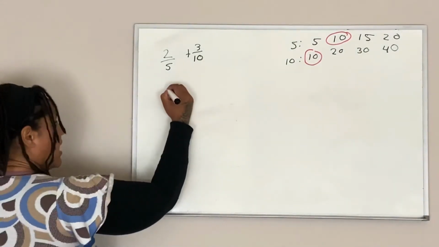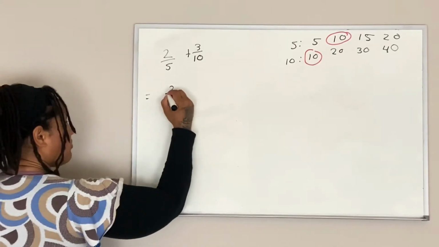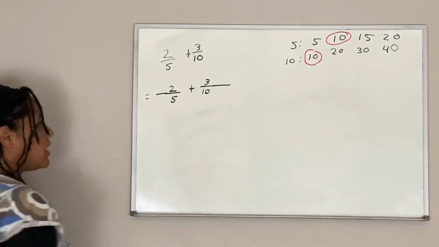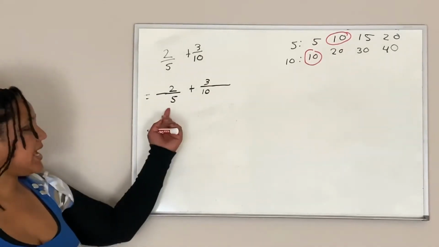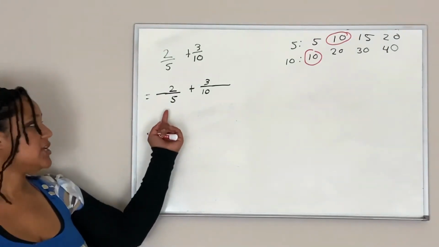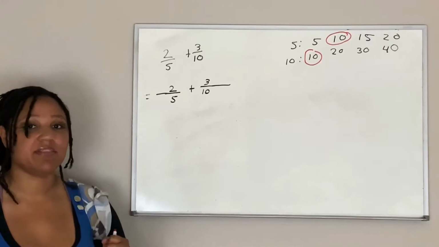Because I'm going to come over here and just rewrite our fraction out. Okay, and so again, to manipulate this denominator, we want it to be a 10, right? So in order to make our denominator a 10, we need to multiply it by the number 2.